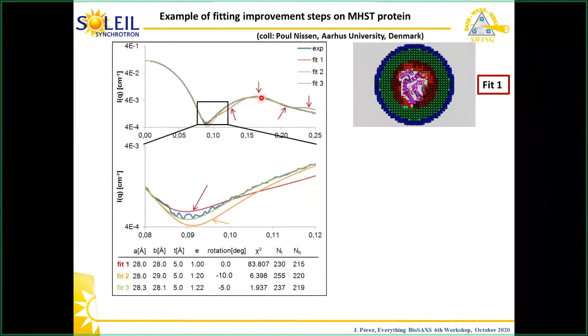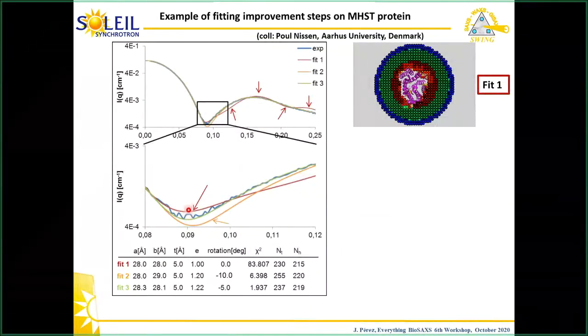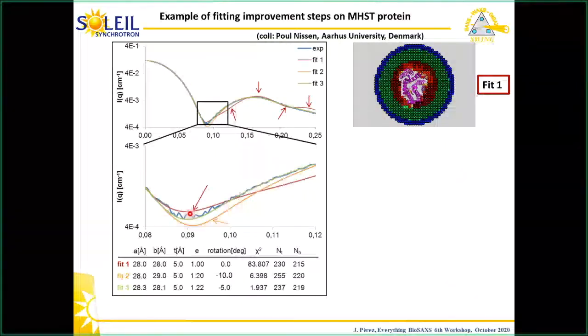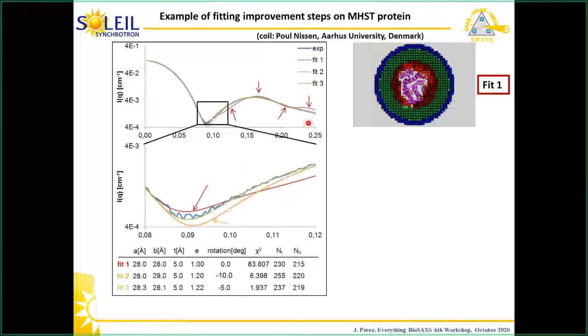The experimental data are in blue in this case, and the first fitting curve is the red one here. So you can see that the minimum position, again, is okay, but not the minimum value. And also the maximum position is so-so. It's slightly shifted to the high Q values. And also you have a second maximum here that is not present in the experimental data.